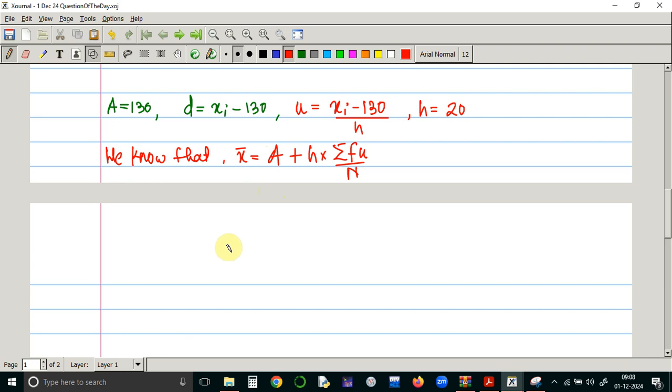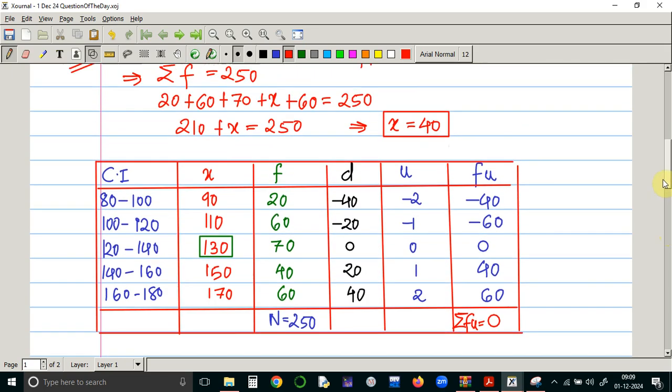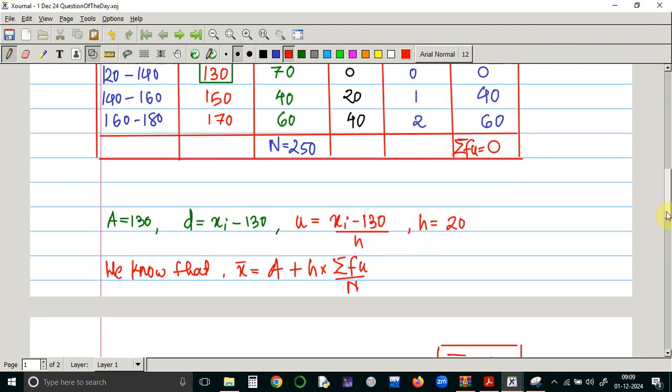We just need to put them in to get the value of x bar. So the assumed mean was 130, h is 20, summation of fu is 0, and summation of all frequencies, that is capital N, is 250. Because of this, the whole term is 0. Therefore x bar is 130. So we simply calculated the mean.